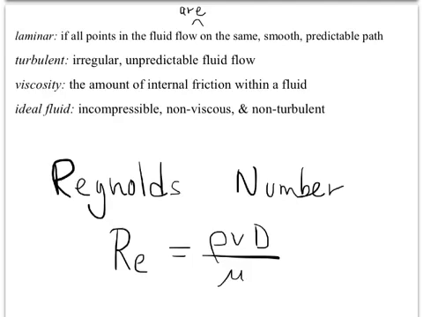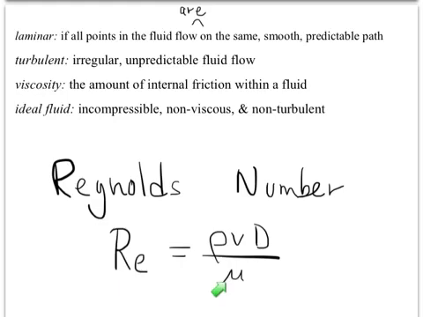And think about this, ready? Molasses has a very high viscosity. It flows very slowly. Very slow flow is most likely laminar flow, not turbulent, because it's moving slowly and it's predictable, like syrup, or honey. So, if you have high viscosity, it means you have a very high denominator. A high denominator means a low number over here.